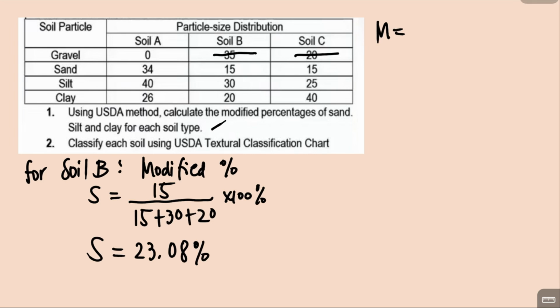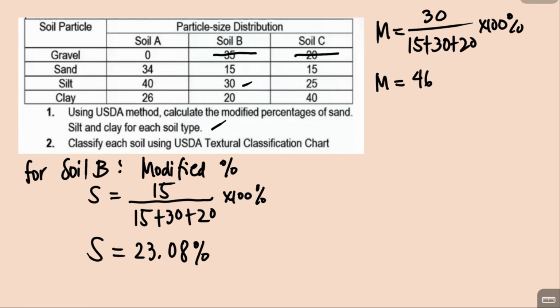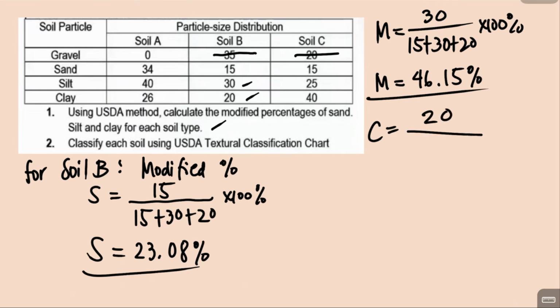Moving on, let us modify the percentage of silt. We have 30% originally. 30 over 15 plus 30 plus 20% times 100%. So the modified percentage of silt now will be equal to 46.15%. Moving on to clay, let us modify clay. 20% over 15 plus 30 plus 20 times 100%.